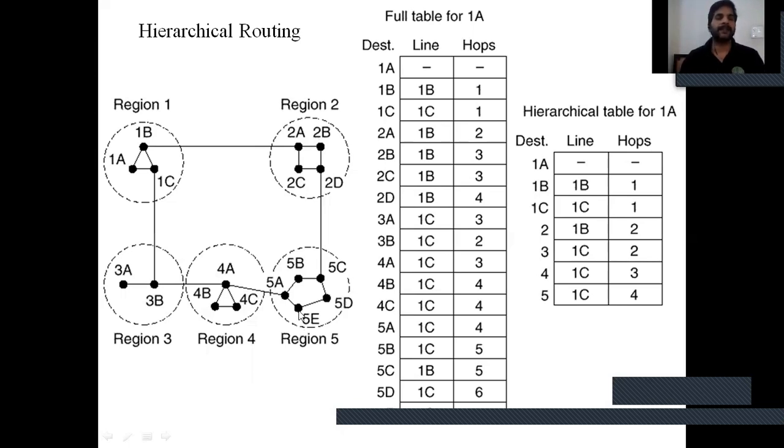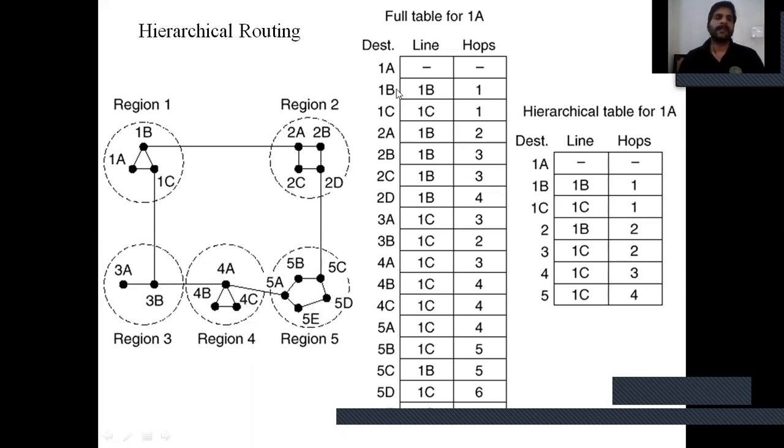First we create regions of the nearest routers. Suppose region 1 is created from the nearest routers 1A, 1B, 1C, and region 2 is associated with routers 2A, 2B, 2C, and 2D. Region 3 is associated with routers 3A, 3B, region 4 with routers 4A, 4B, 4C, and similarly region 5 with routers 5A, 5B, 5C, 5D, and 5E.